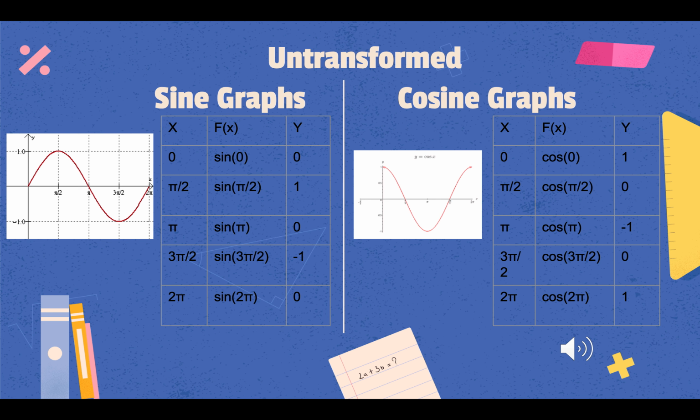The y values are as follows for both sine and cosine. And we will move on to how to find the different translations from these basic untransformed graphs.